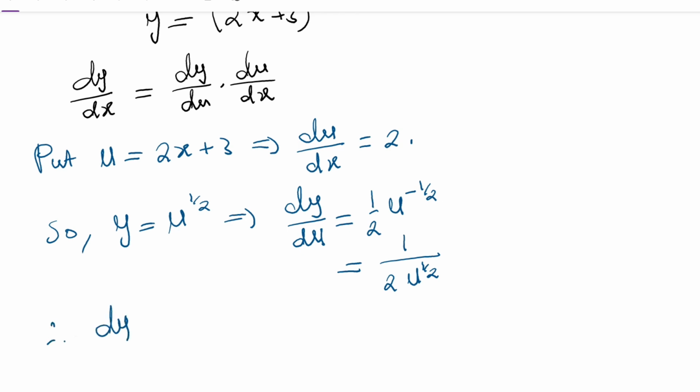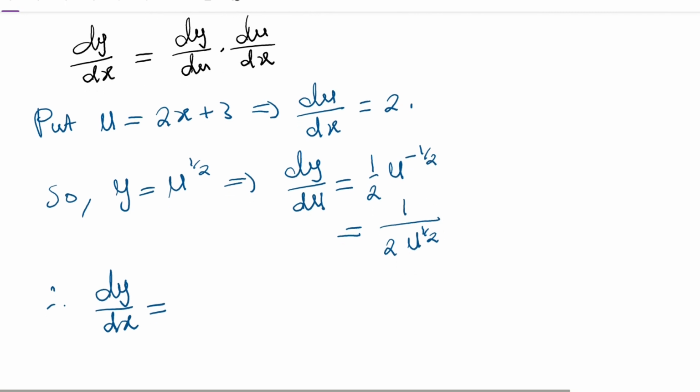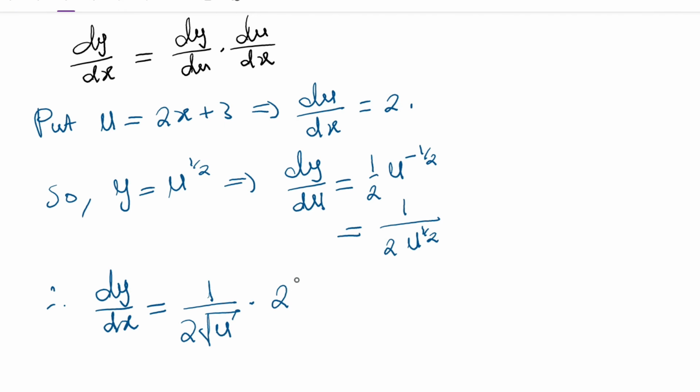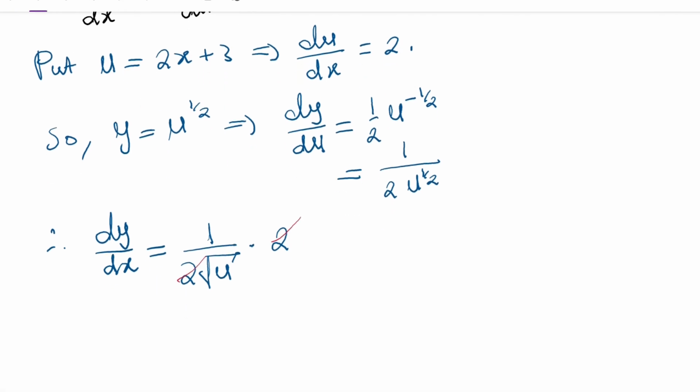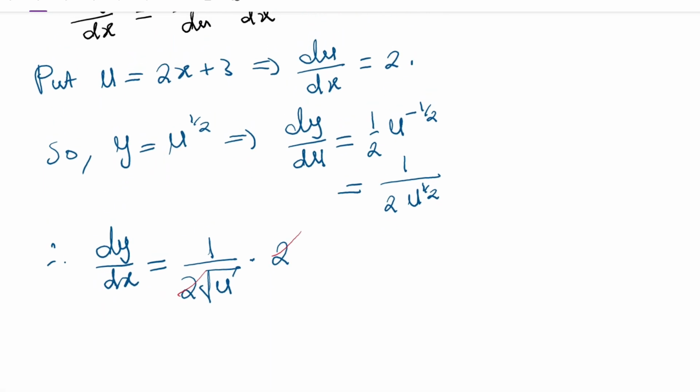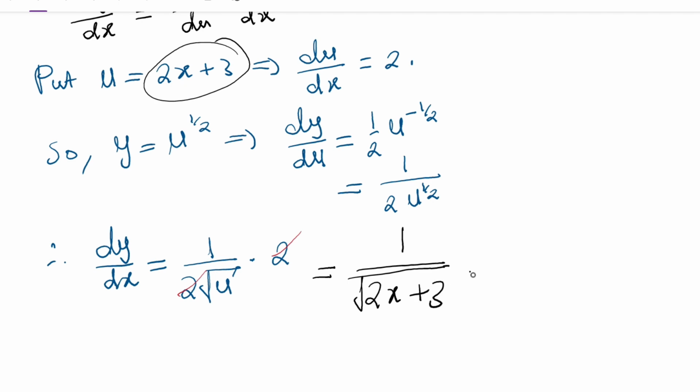Therefore, dy dx is equal to dy du, which we can write as 1 over 2 square root of u, that is half, multiplied by du dx, which is 2. So this 2 and this 2 cancel. Therefore, dy dx is equal to 1 over the square root of u, but u in this case is 2x plus 3. Then we are done.